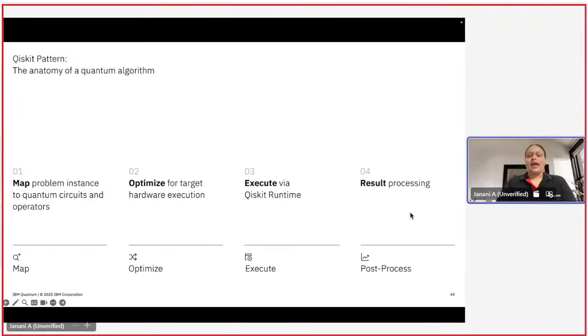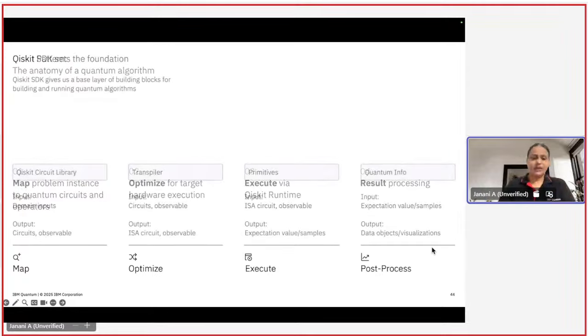Okay, and the final step would be post processing whatever results you get. So usually the results you get will be in terms of sampler counts, or you will have estimator based expectation values. So then once you get it, you will have to post process and interpret your results.